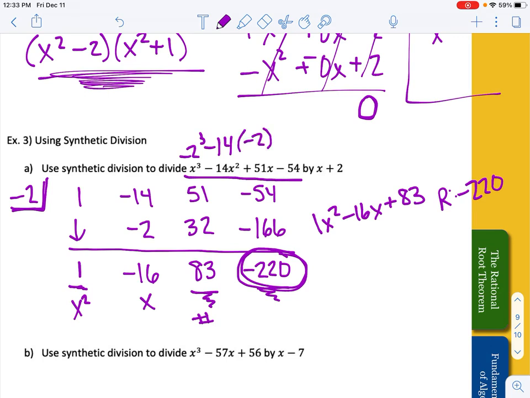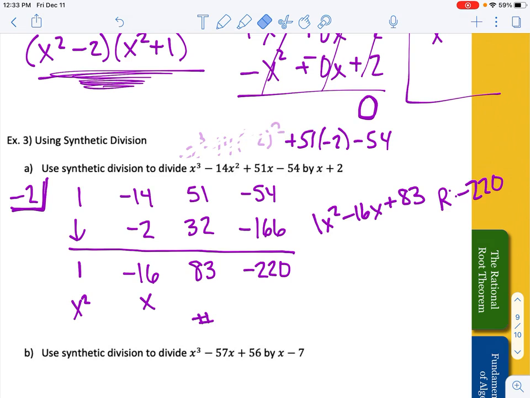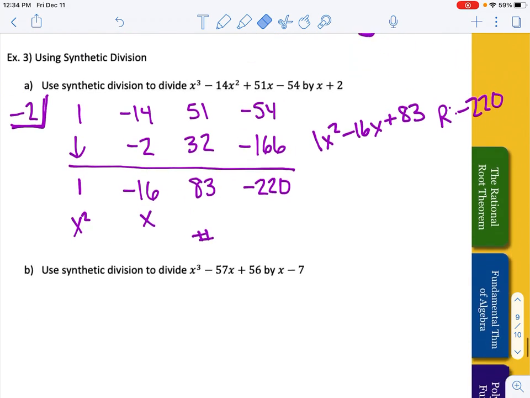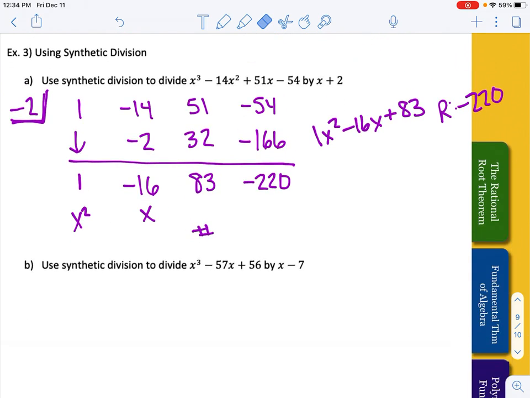So instead of doing all the work of plugging it in and solving and figuring that out, you can just do synthetic division, and whatever the remainder is, that is your solution. So that's a pretty cool thing. Just as a side note, do synthetic division versus plugging in the value.